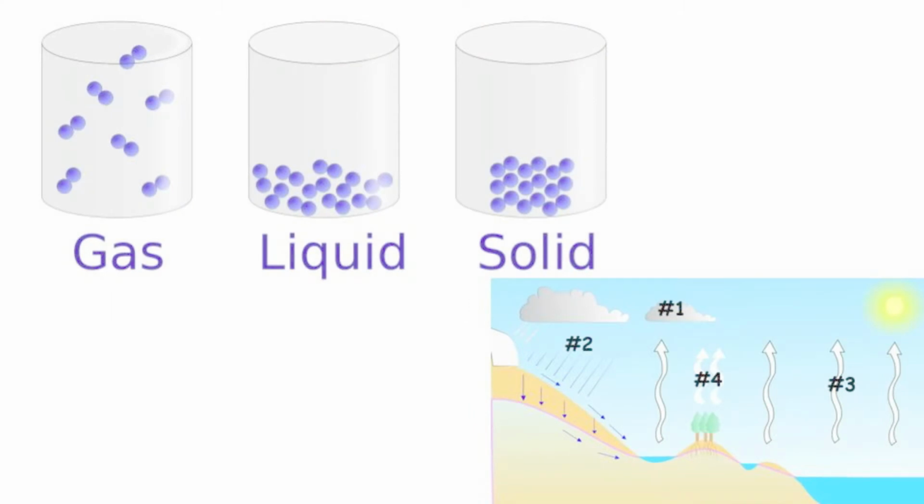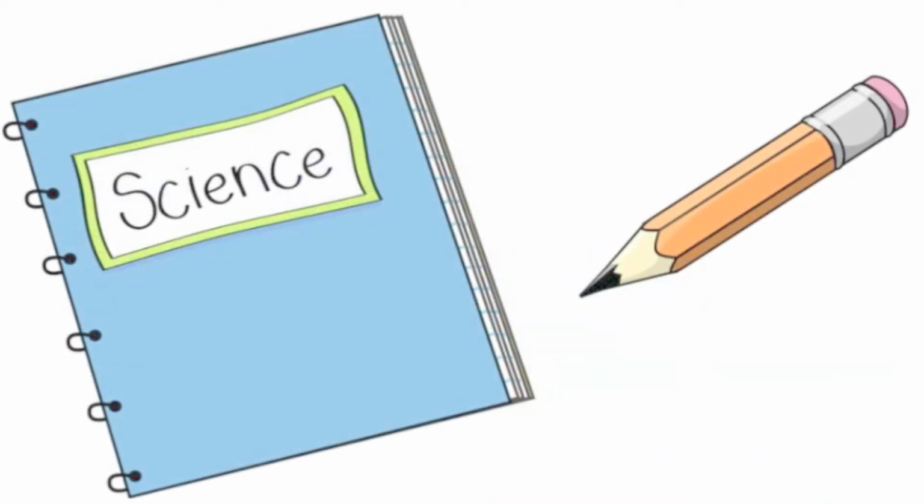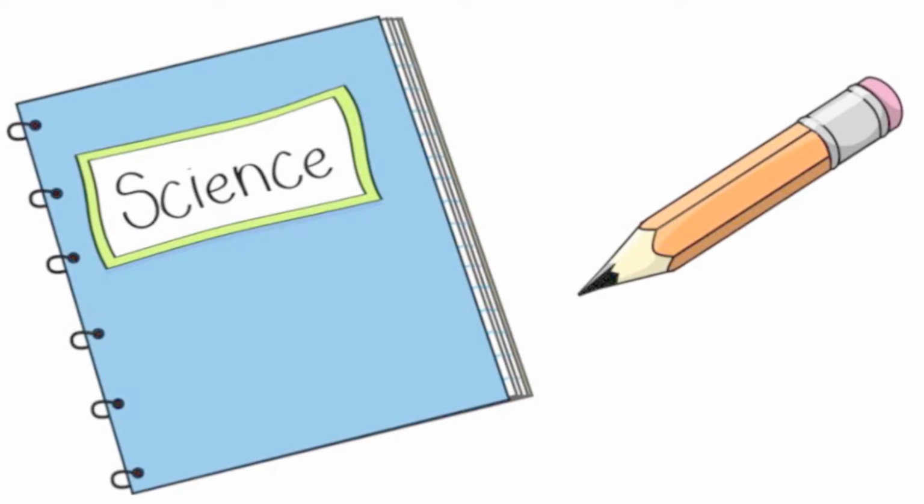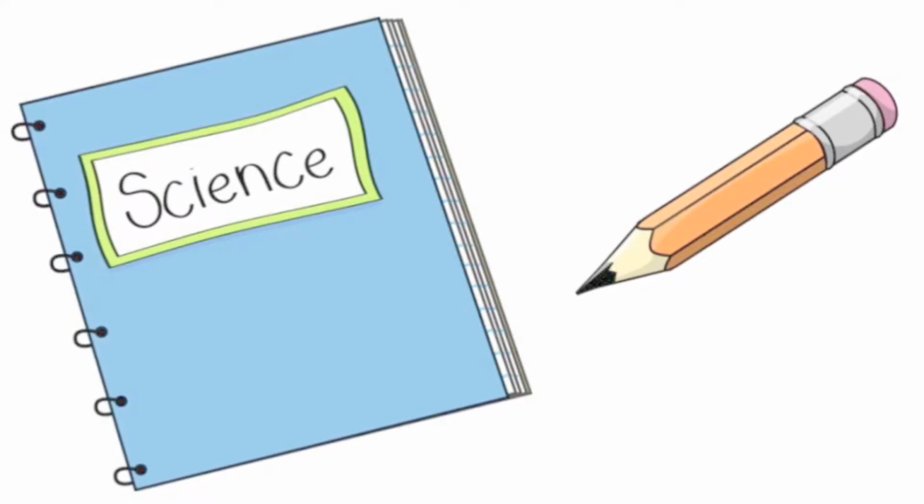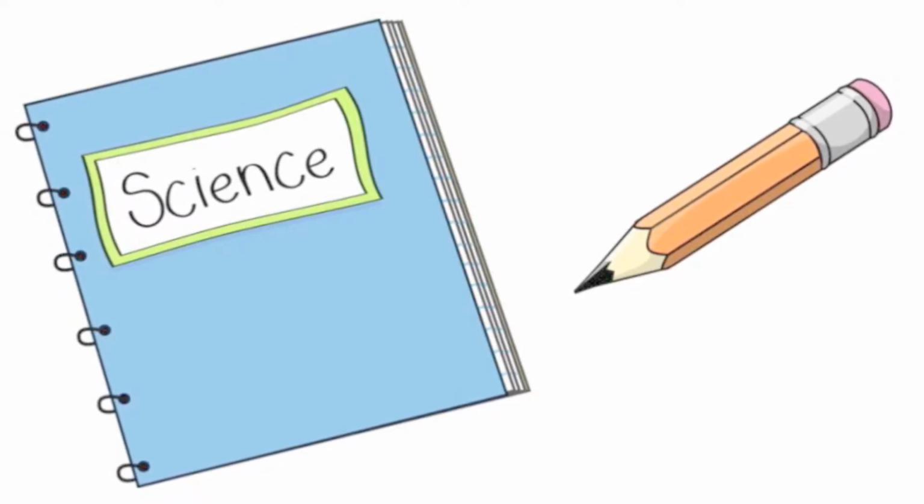Well, just like there are different states of water, there are also different stages to the water cycle. Now would be a good time to take out your science notebook and a pencil so you can write down what you learn about the different stages of the water cycle.